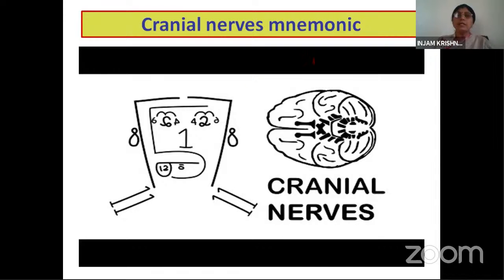To remember that, a mnemonic is here. I have given one mnemonic: 1, 2, 3, 4, 5, 7, 6. So you observe and find out what those cranial nerves are and what the functions are. Depending on the functions, we have placed the numbers on the face, okay, to find out.